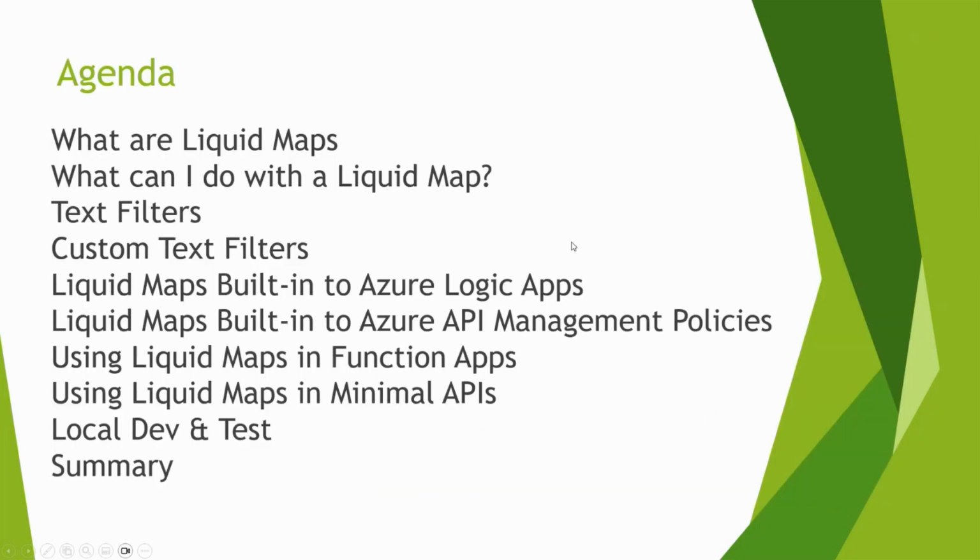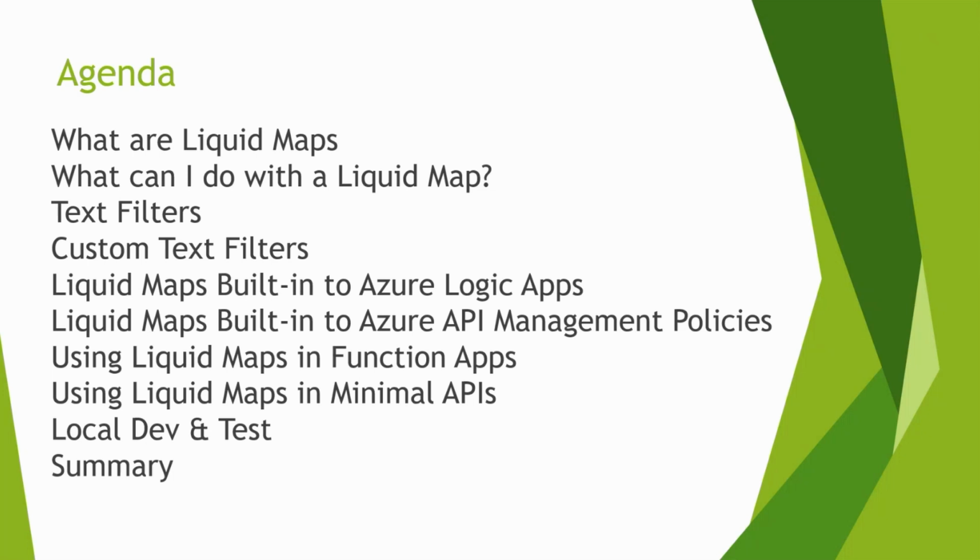But let's go on. So for the agenda today, the agenda looks pretty full, but I just want to cover as many of these things as I can. So basically, what liquid maps are, what can I do with them, the text filters that we can use, building our own text filters, the liquid maps that are built into Azure Logic Apps, the liquid maps that are built into Azure API Management, the liquid maps in functions, so how to use them in a function app, how to use them in a minimal API.